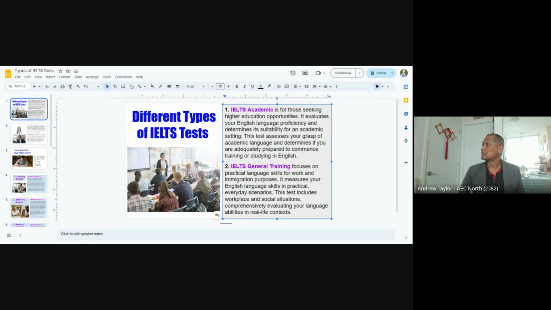It's also good to have if you're applying for a professional job. So General Training is just, as the word says, general, and the other one is Academic, which is focused on higher education.